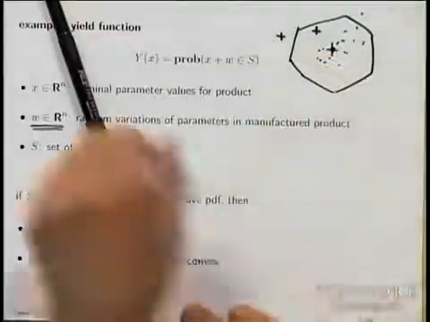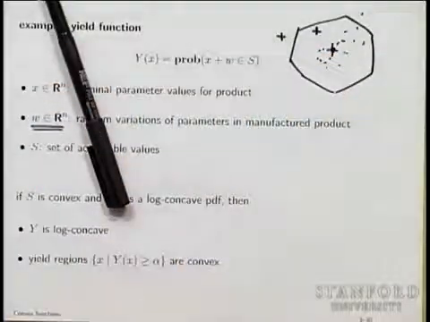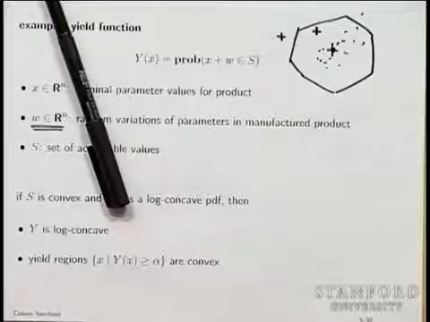Now you should also be able to visualize the yield as a function of the target point. It's high here, low here, less low here, and highest at some point in the middle. So here's the point: that function is log concave. Very roughly speaking, that means we can optimize it.